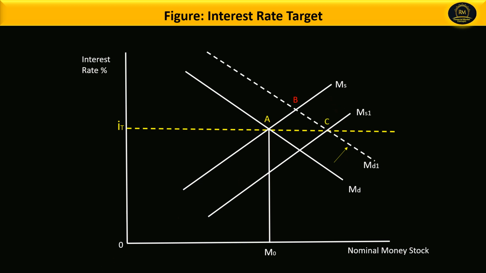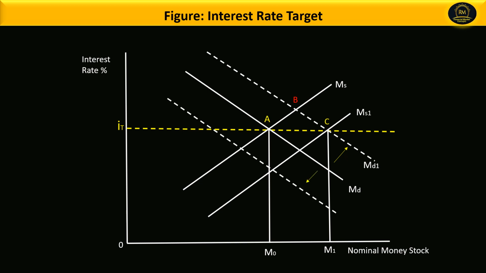As a result, the new equilibrium will be at point C. So as soon as the economy again moves to point C, the interest rate target is achieved, but at the cost of the money stock target, because the money stock increases in the economy. So the intermediate interest rate target is maintained at the cost of an increase in the money stock from M0 to M1. Now take another situation.